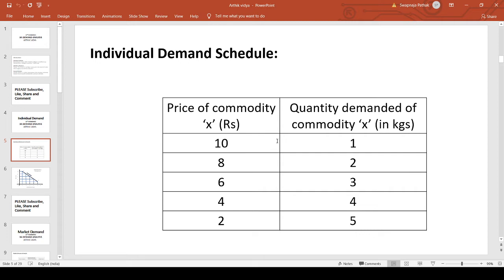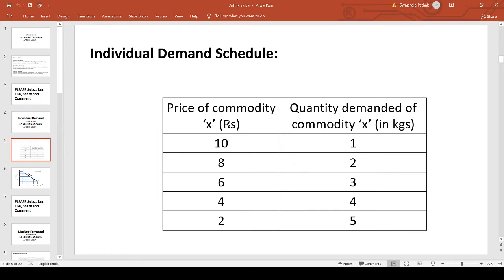The table shows different quantity of commodity X. Here is quantity demanded of a commodity X in kg. There are two columns. The second column shows the quantity demanded of commodity X in kgs, which is purchased by an individual consumer at various prices.